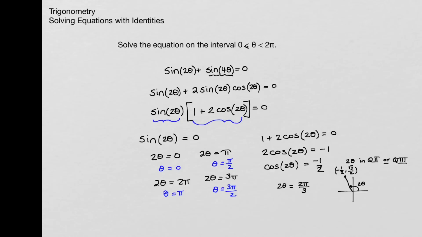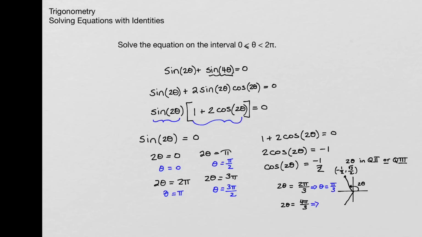Then I'll look for the angle in quadrant 3 that gives me the same result. And so that would be where 2 theta equals 4 pi over 3. So now what I can do is say, well, if 2 theta equals 2 pi over 3, then theta equals pi over 3.